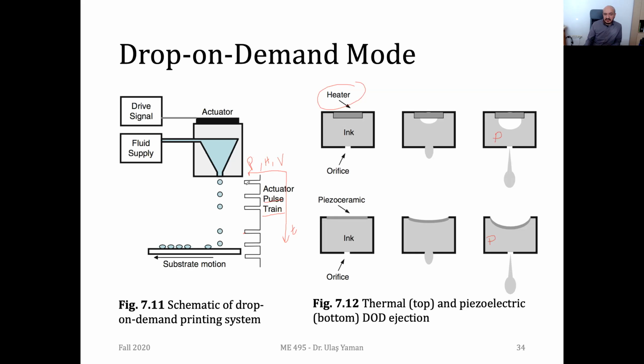Depending on whether you are turning the actuator on or off, you will have such drops generated from your head. And obviously, we need a continuous supply of liquid, otherwise the same pressure value will not be enough to generate the drops. And this one is obviously the table. The table is moving, so the drops will be deposited after each other, and they will be joined together.